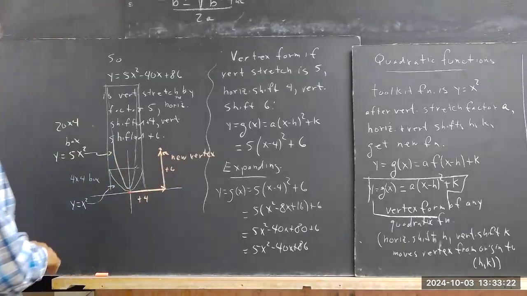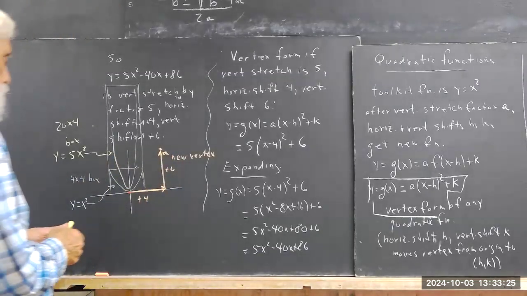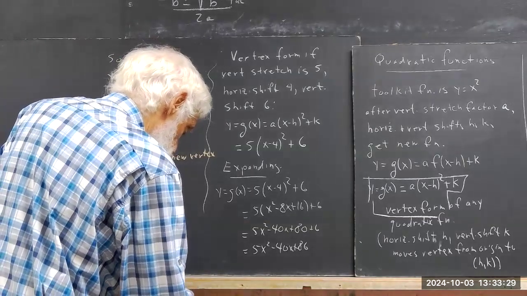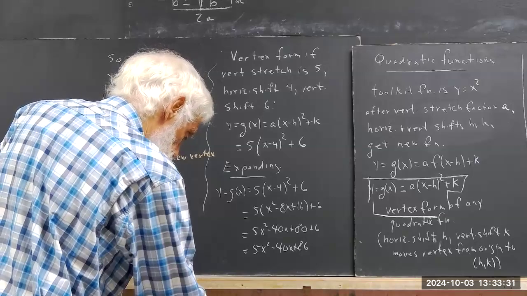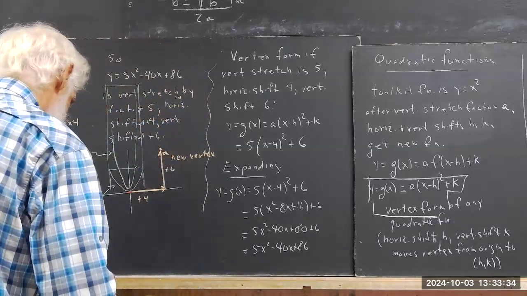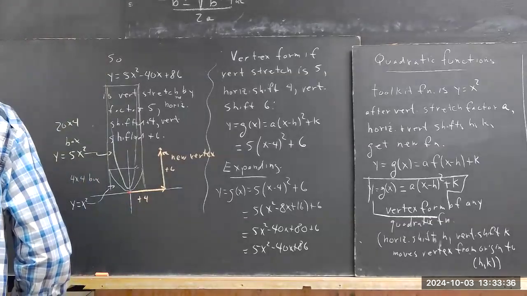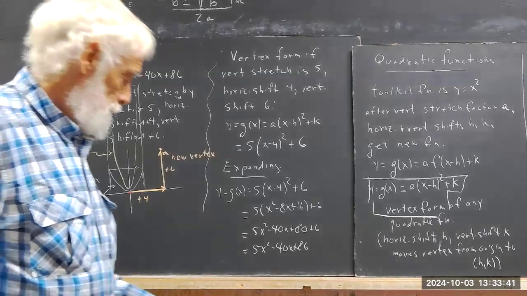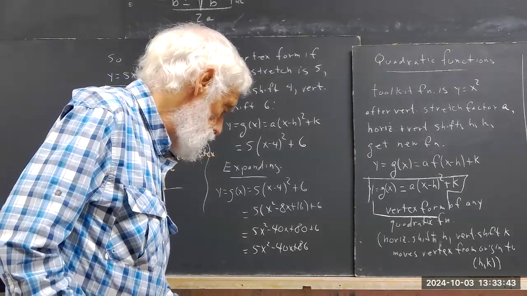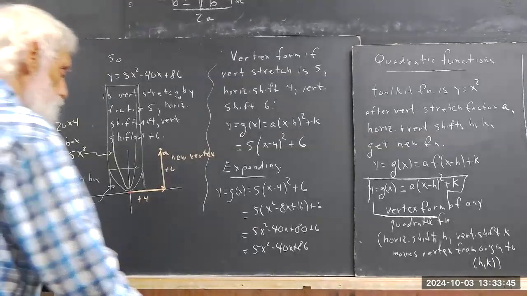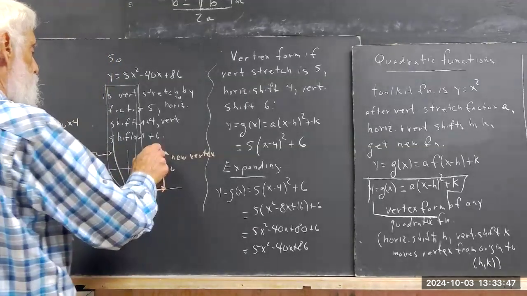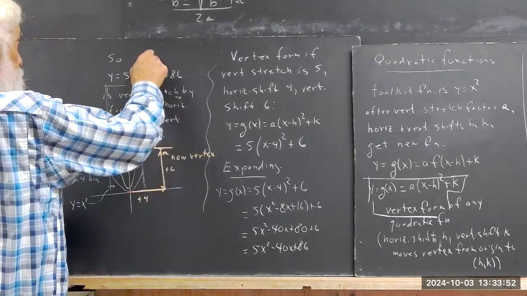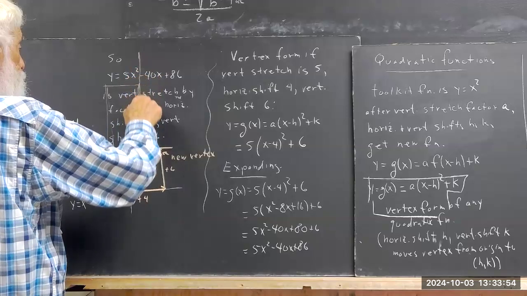Here's the new vertex. We sketch a 4x4 box here, our 20x4 box. We construct the graph within that box. Okay. So here's our 4x20 box. Yeah, it's 6 units higher, so it goes all the way up to here.